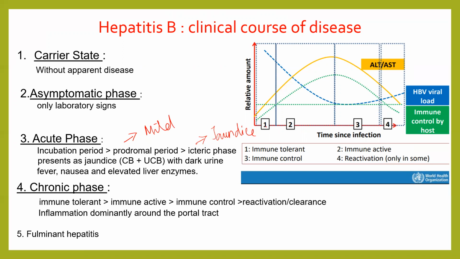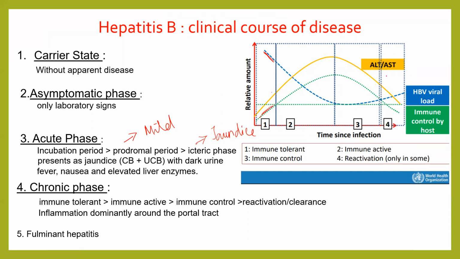Now, when it turns into the chronic phase, it can further be divided into a phase of immune tolerance, immune active, immune control, and reactivation clearance. I'd like you to see this diagram over here, and we can see that in the immune tolerant phase, there is an increased amount of virus, and the immune system is barely just rising.